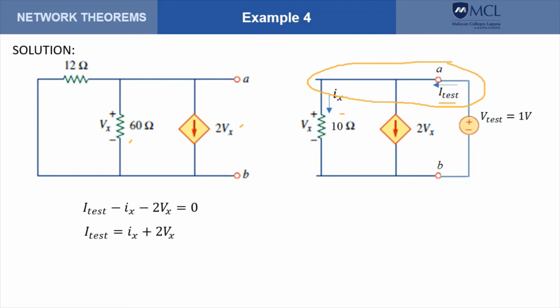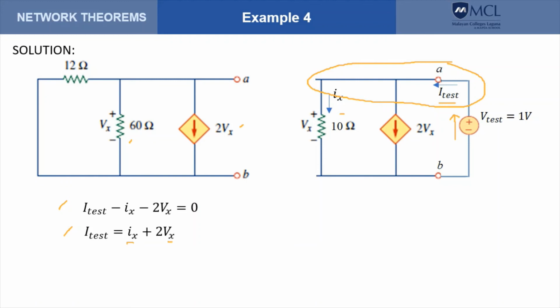So I sub test, which is the entering current. So this is I sub test here minus the current leaving I sub x and the dependent current source 2Vx. So this is my KCL equation. So that means I can solve for I sub test using this equation. All I need to know is what is I sub x, what is V sub x.